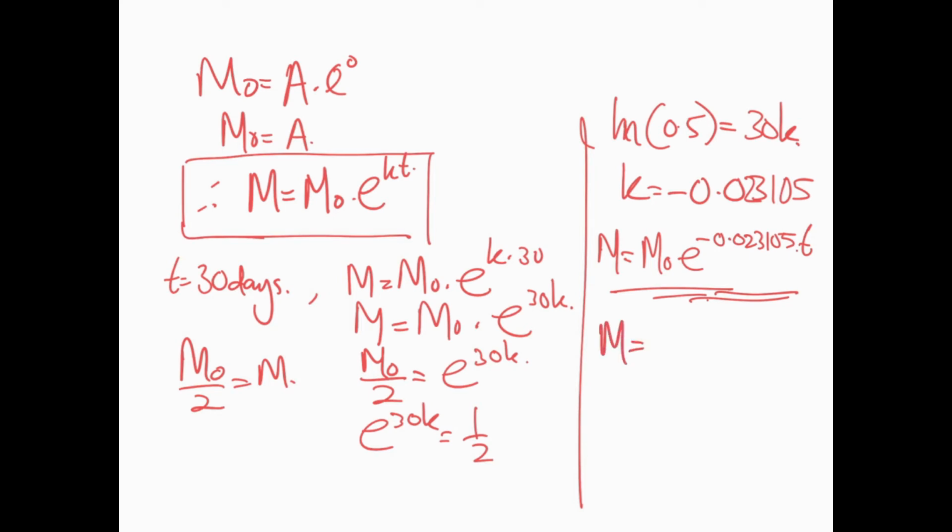Okay, m is the amount of grams of plant food present, whereas m0 is the initial amount of plant food.